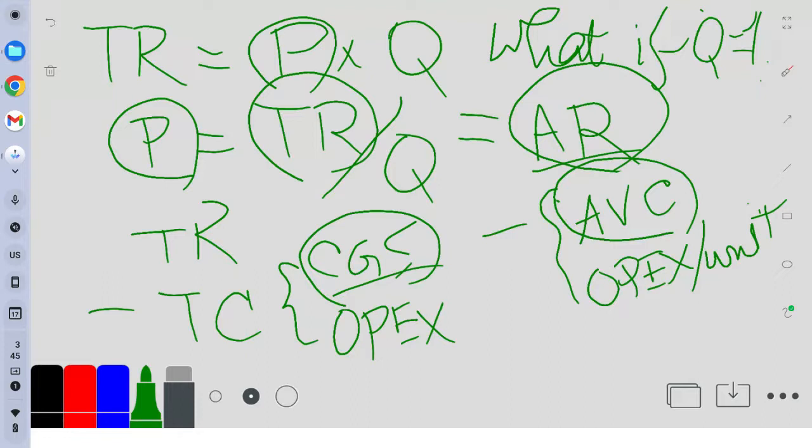You can also call it average operating expense. And then we arrive at, just like we arrive at EBIT, EBIT per unit.